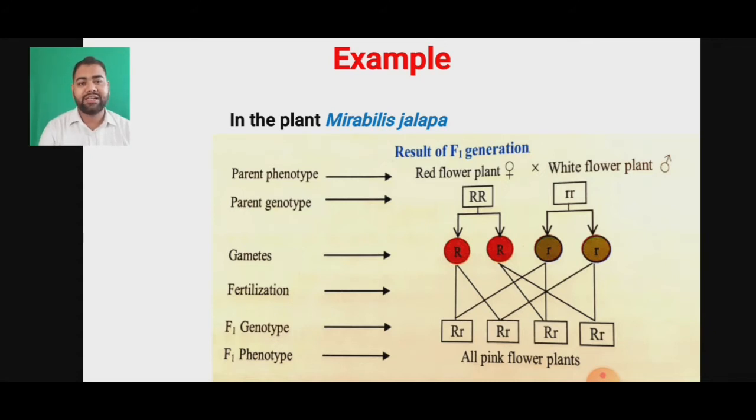Here is the cross and the result of the F1 generation. The parent phenotypes are a red flower plant and a white flower plant, the parent genotypes are capital R and small r, and here are the gametes of this cross. In the F1 generation, the genotype is capital R, small r. Dear students, all the offspring are capital R and small r.